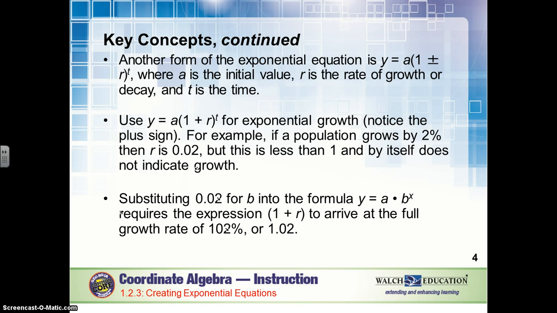That is why we have the 1 plus the 0.02. Substituting 0.02 for b in the formula y is equal to a times b to the x power requires the expression 1 plus r to arrive at the full growth rate of 102% or 1.02.